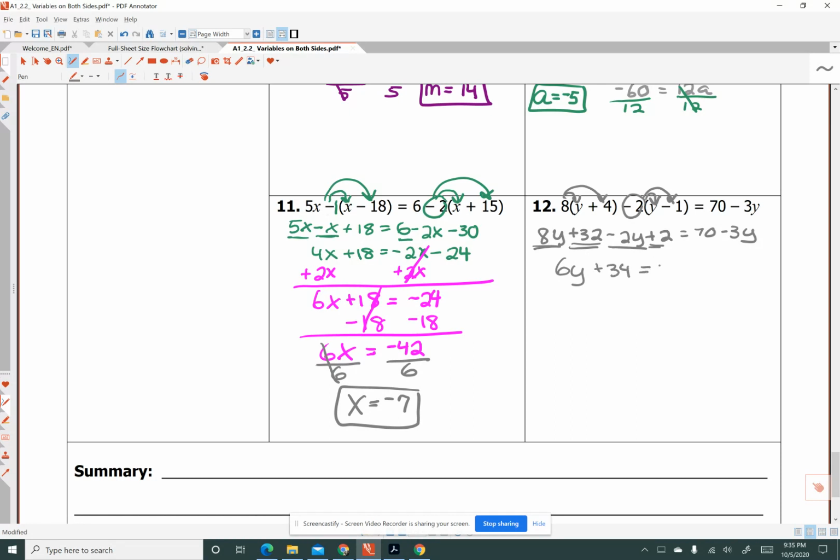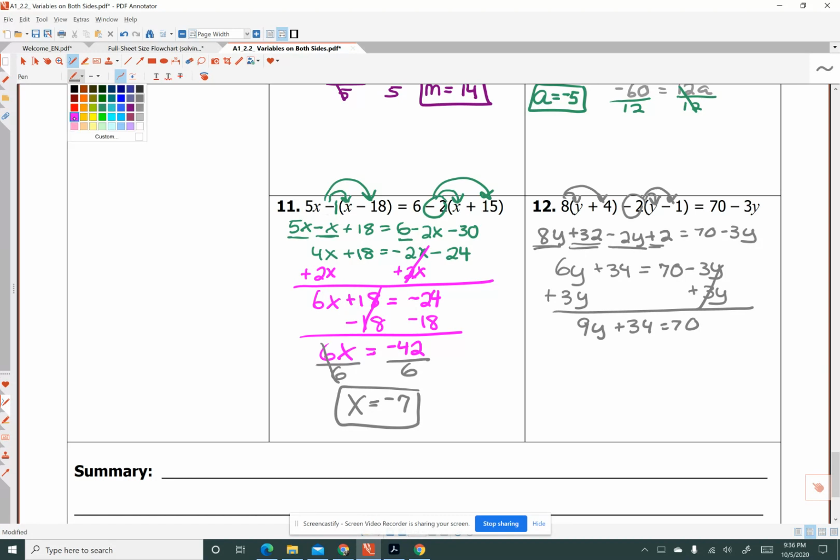And let's finish out the right side of the equation, 70 minus 3y. So I'm going to add 3y to both sides, move all the y's to the left, gather them up there. And that would give me 9y plus 34 equals 70.